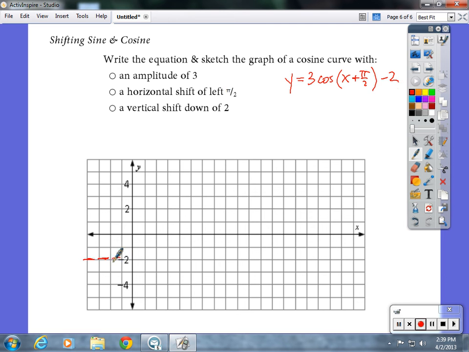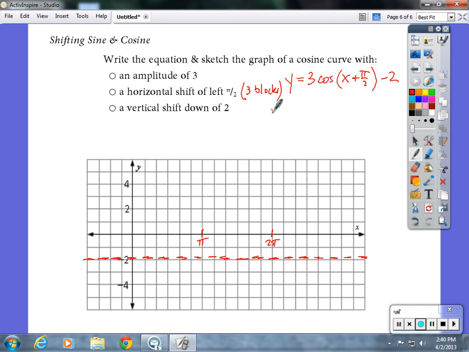That's my vertical shift, so that's my new x-axis. And then I want to determine how many blocks is pi over 2. So if pi is 6 blocks, that means pi over 2 is 3 blocks. And it's to the left.